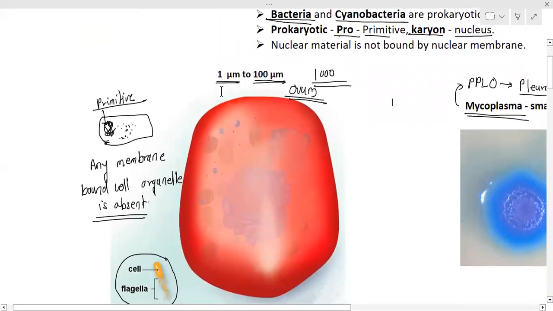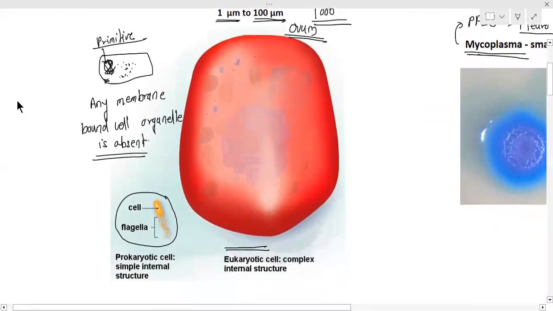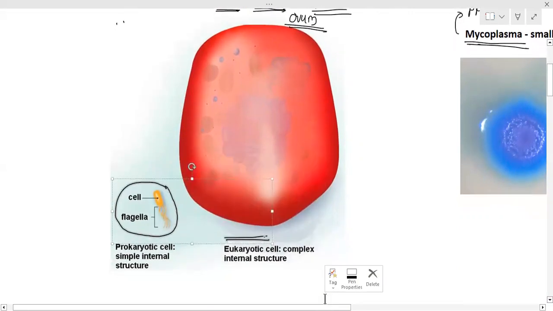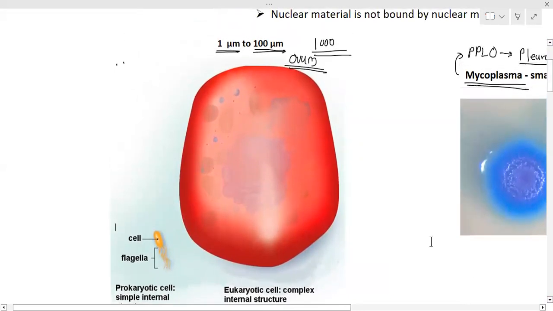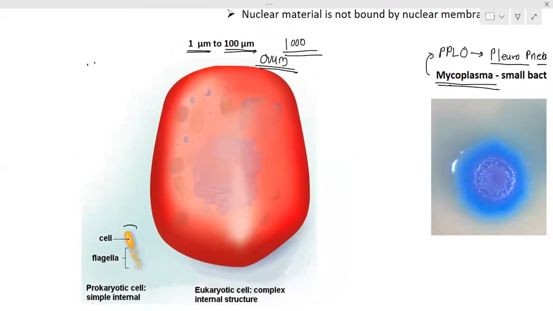In this picture you can see the comparison between the sizes of prokaryotic and eukaryotic cell. In yellow, bacteria is shown, with a size of hardly 1 to 3 micrometer.